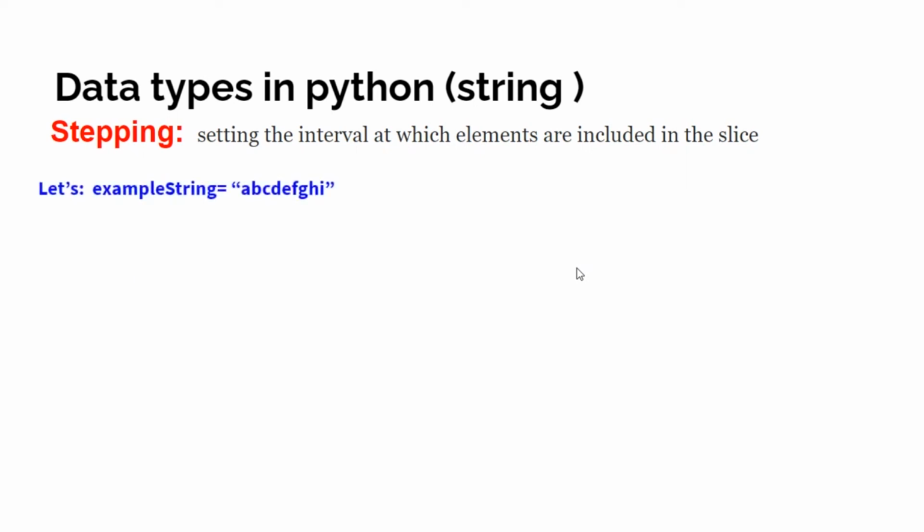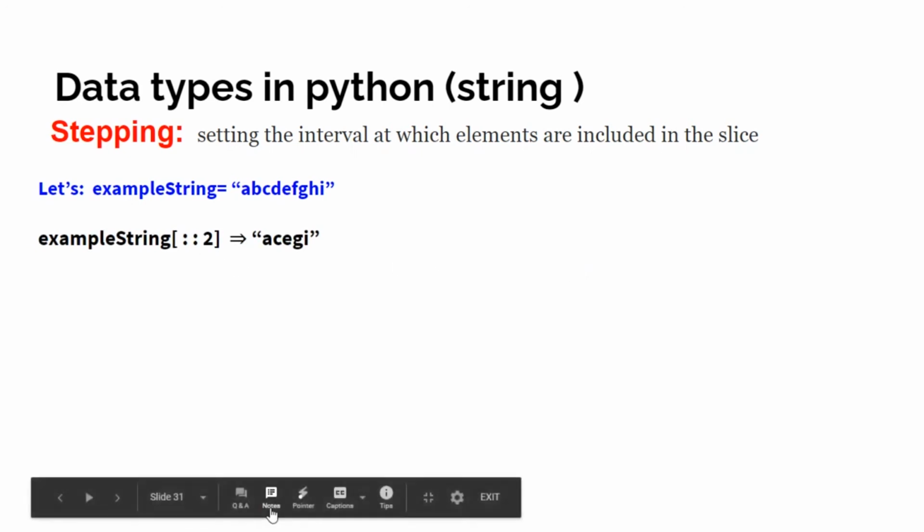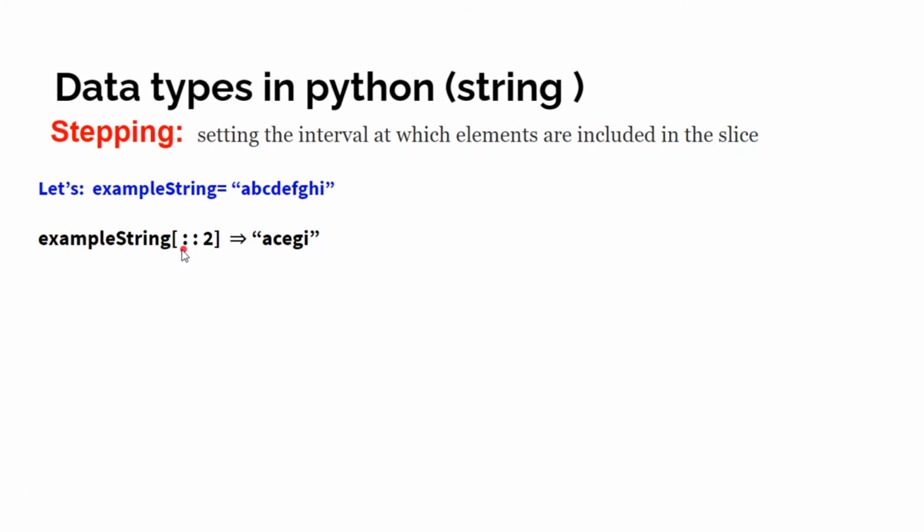Suppose we have the example string A B C D E F G H I, and we write it like this, not passing the start and stop parameters. So this is the step value. It tells us to take the element only after every second position.